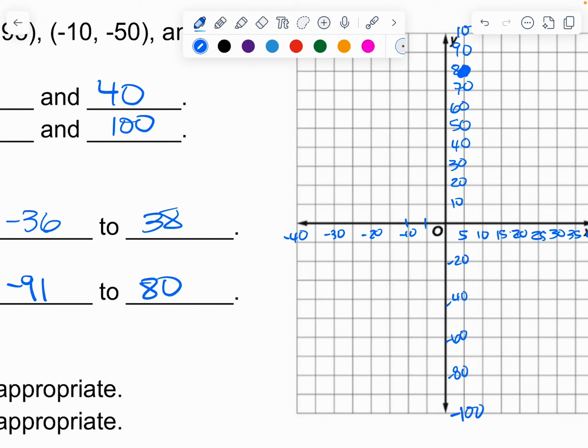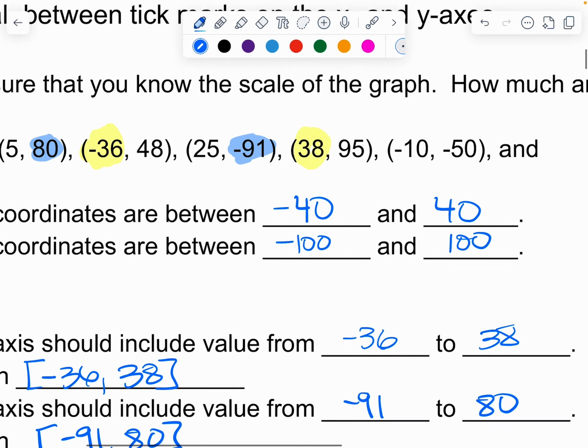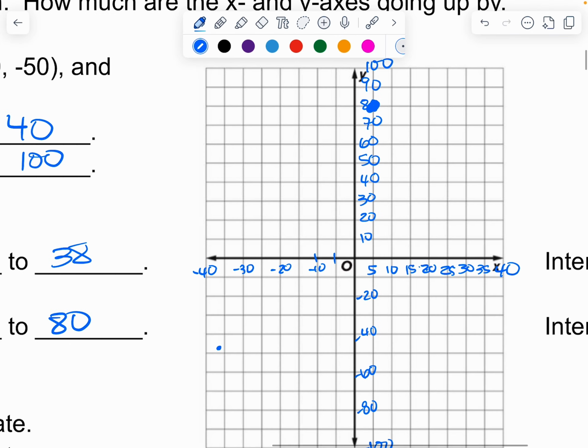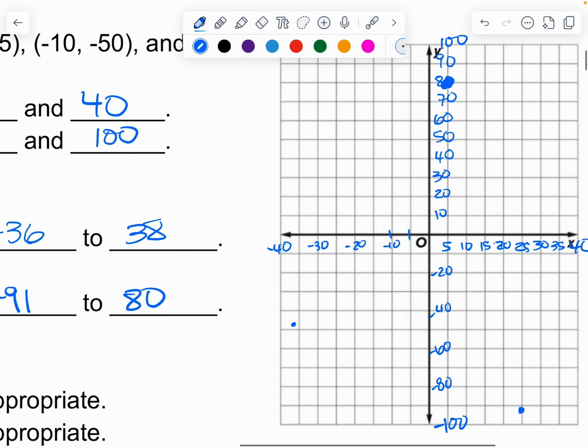So it's going to be past 35 and almost to 50, so negative 50, I mean. So about there. Then 25, negative 91. So that's going to be just past negative 90.